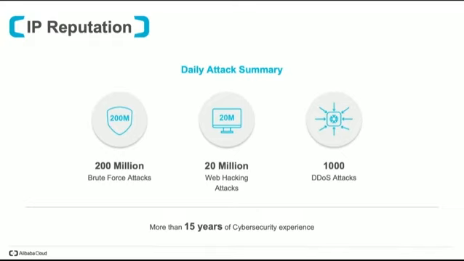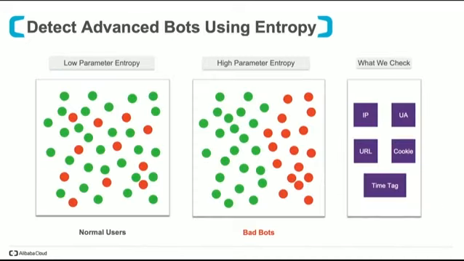Combining it with the readily available information from the internet, we have a very good database to provide this IP reputation. And then throughout our 15 years of experience, we've built a very advanced model using entropy. So from these models, we can identify the majority of normal users and the bot attacks.